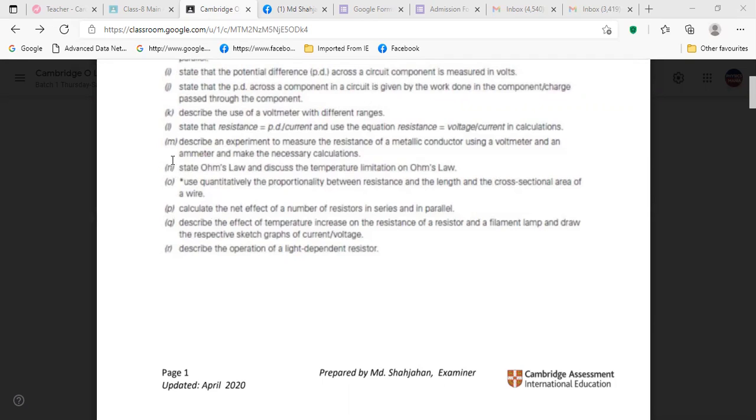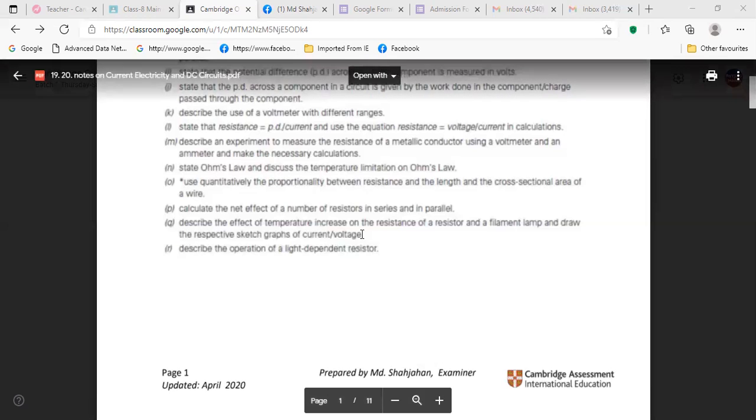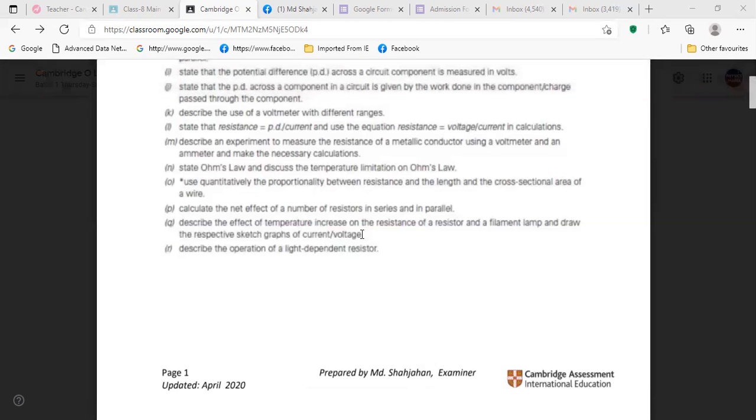In M and N, we will see how this law works with a graph, and in Q also we will see how the graph will be if the temperature is not constant, if it is increasing.